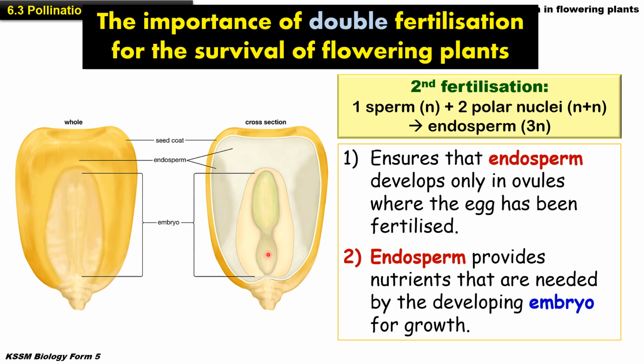So that is reason why there is a double fertilization. Satu, to make the embryo. Second one, to make the endosperm. So this endosperm will provide nutrient for the embryo dekat dalam yang tengah-tengah ni, so that the embryo can grow and develop to become new plants.